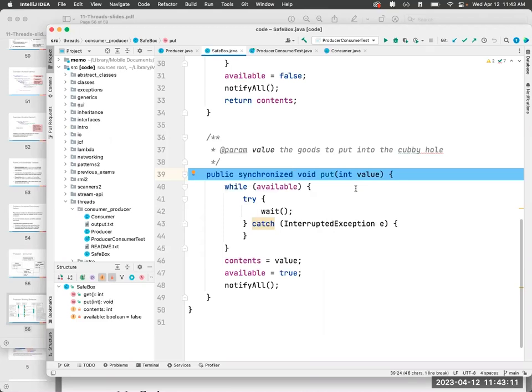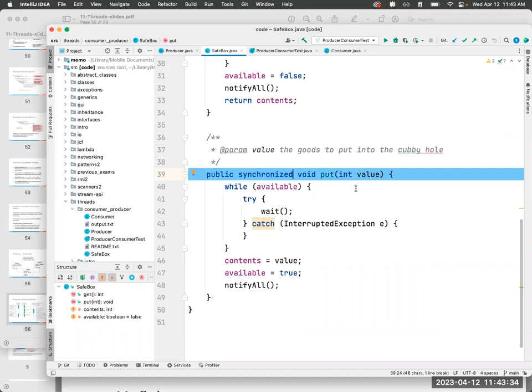It would release the lock, and then other threads might come. If other producers come, the same thing would happen. They would also be put in wait until one consumer comes and retrieves the item. So now you change the state, and then one of those consumers would notify all threads.